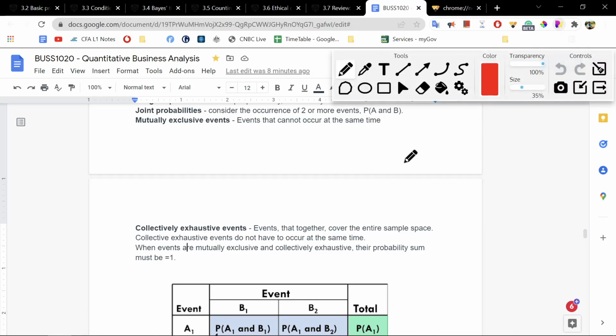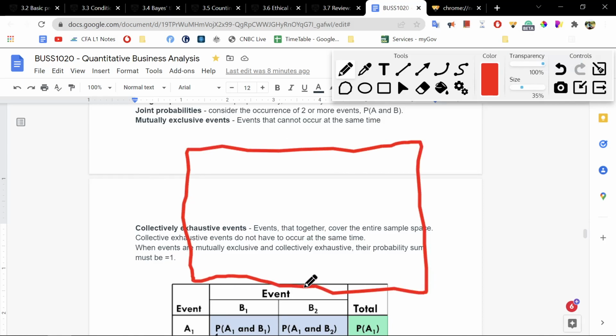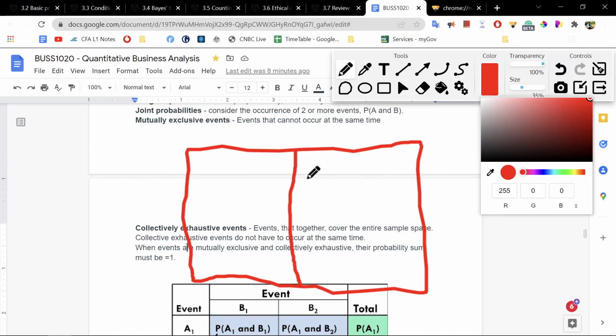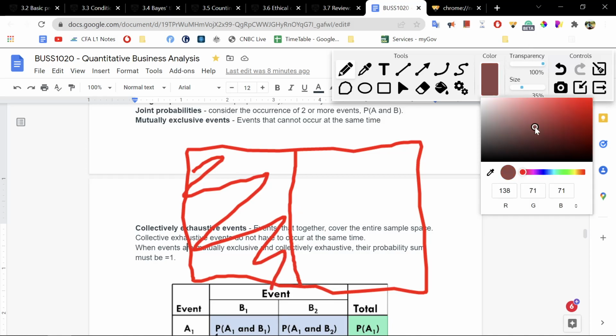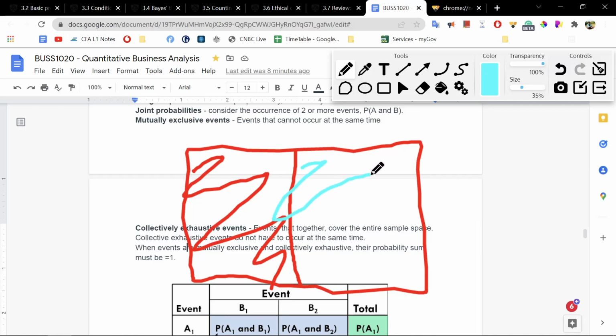Now let's think about this in a case. This rectangle here is the entire sample space. There is the red side, and this is the blue side.